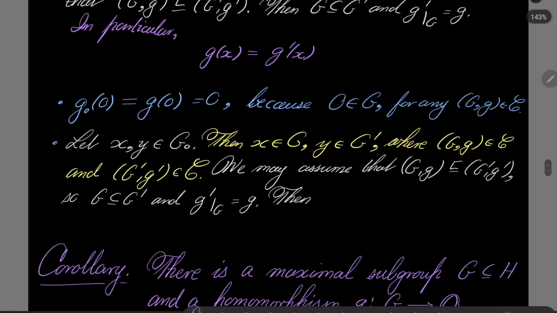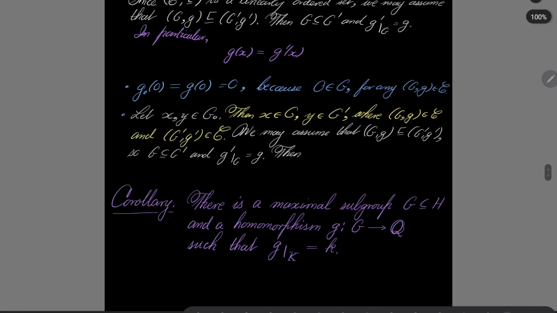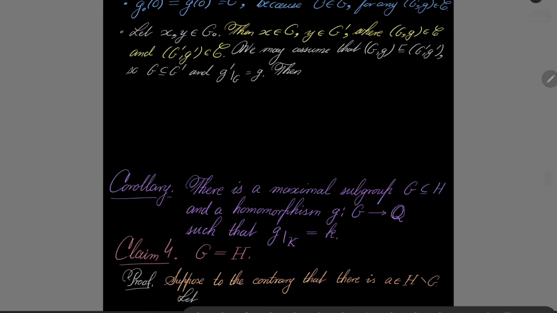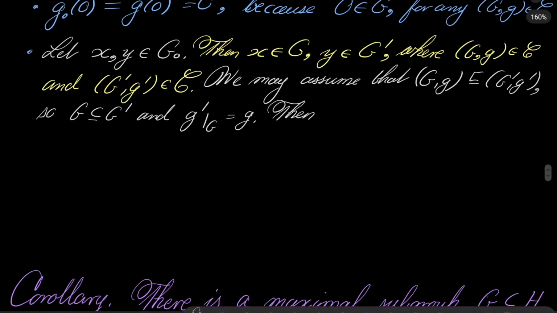Also, I need to put this a little bit lower because I'm running out of space. But notice that then we have the following. What is G0 at X plus Y? Let's take a look.